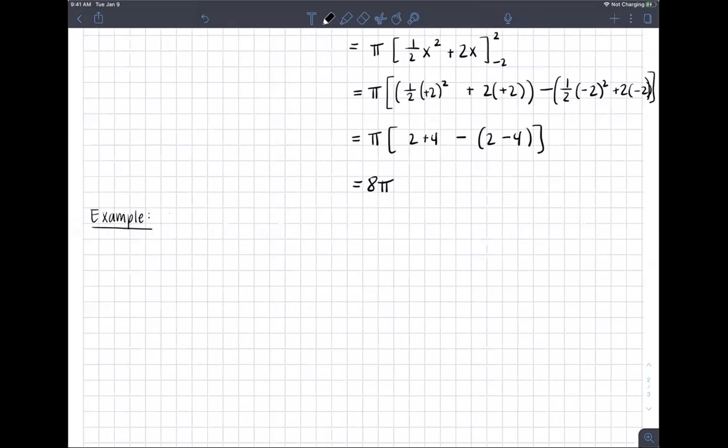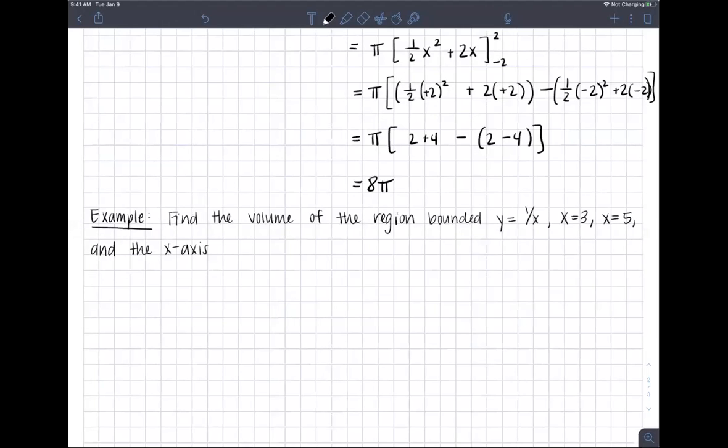Let's find the volume of the region bounded by y equals 1/x, x equals 3, x equals 5, and the x-axis, when revolved about the x-axis, or is revolved around the x-axis.